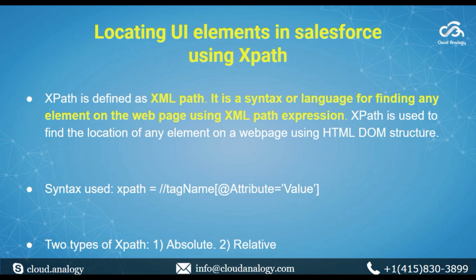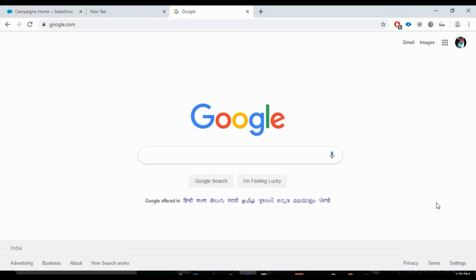We usually avoid this kind of absolute structure of finding XPath, because it may be a long version of the XPath and our code might be just long enough to not understand. So we usually don't use absolute XPath. We use the relative version of it. In this webinar we'll talk about how to find relative XPath of a given element in UI. Let's just go to the Salesforce login page.